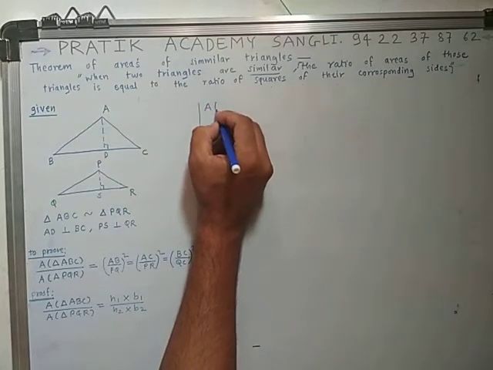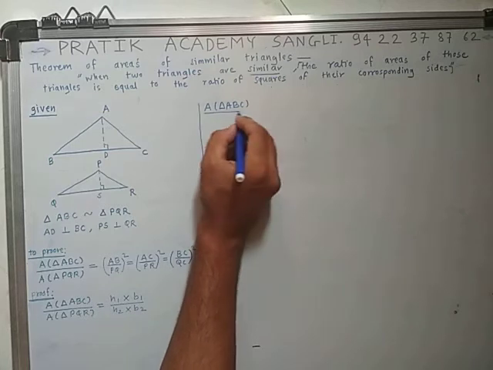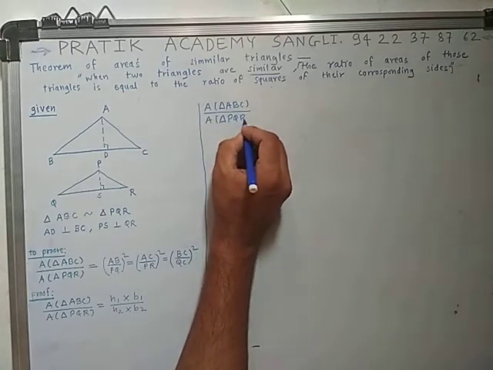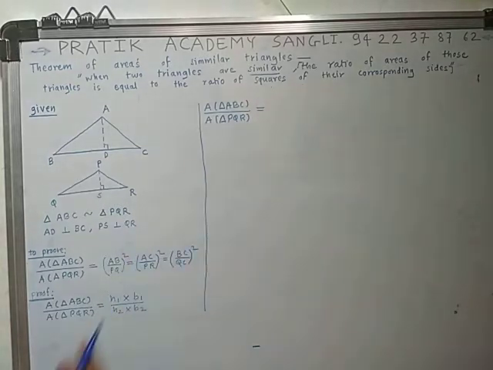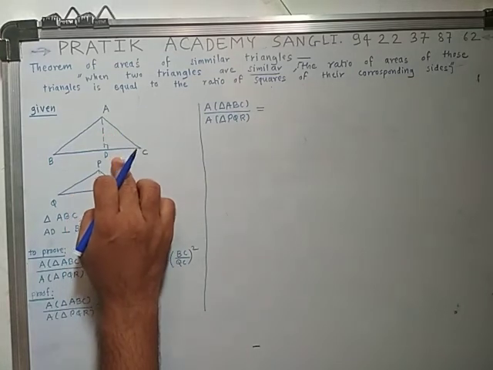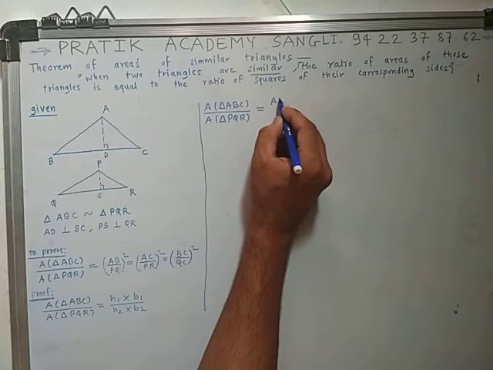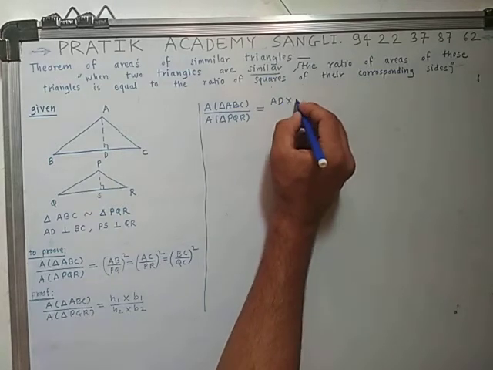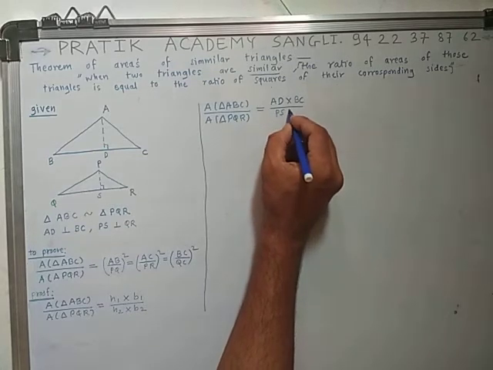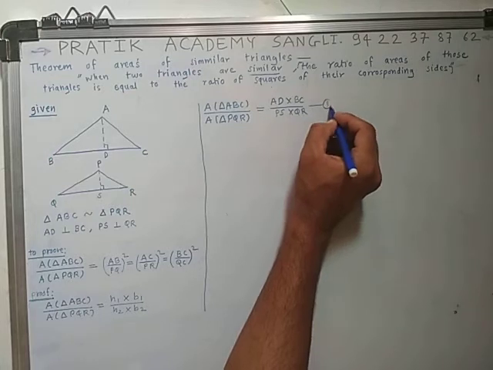Area of triangle ABC to area of triangle PQR is equal to, what is height? H1, this is AD, base is BC, here PS and QR. So it will become AD into BC upon PS into QR. Call this equation 1.